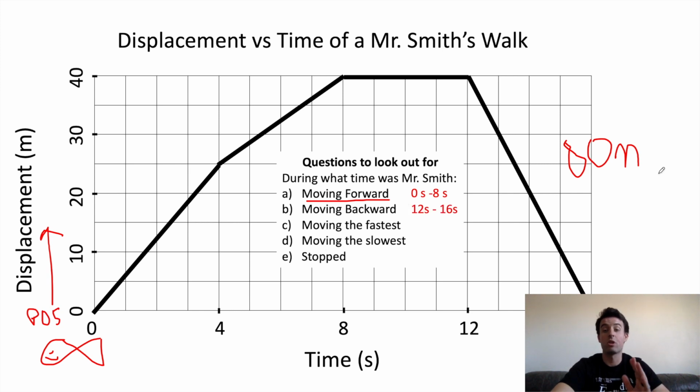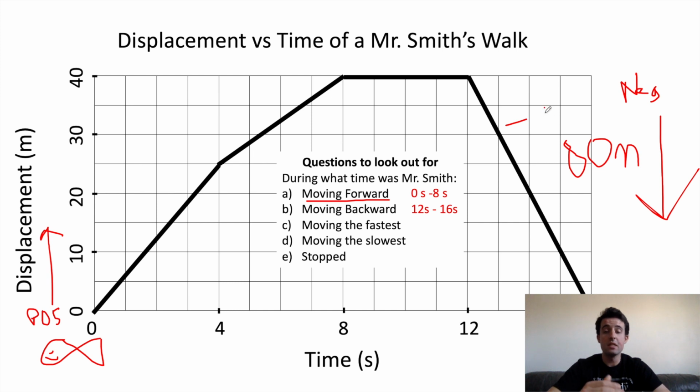That would be the time starting at 12 and then going to 16 seconds, 12 to 16 seconds. So far, hopefully that makes sense. Moving forwards versus moving backwards is really an issue of anytime I have a positive slope, I'm moving forward. Anytime I have a negative slope, I'd be moving backwards. Those are kind of the generalizations you can draw.